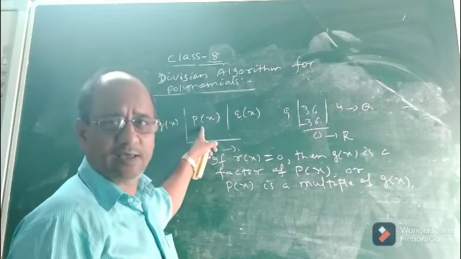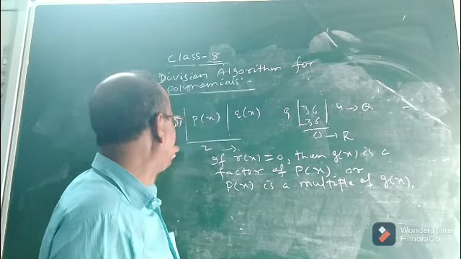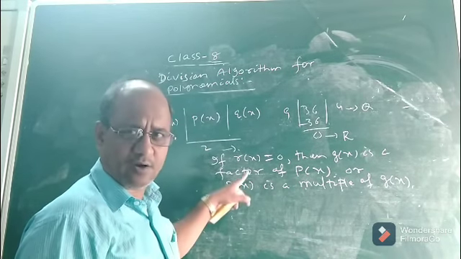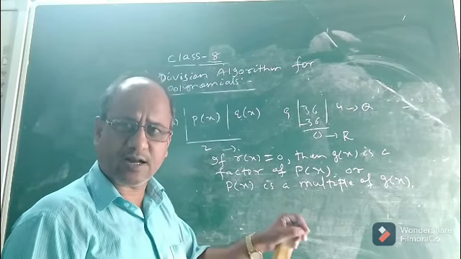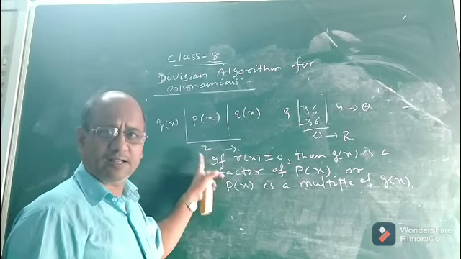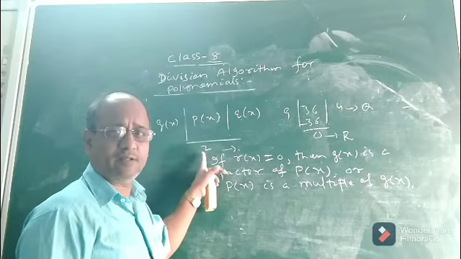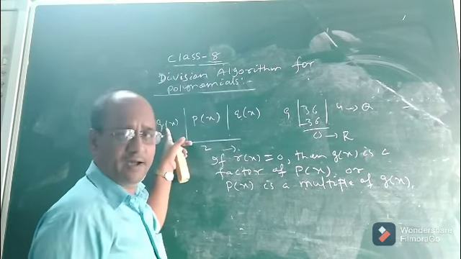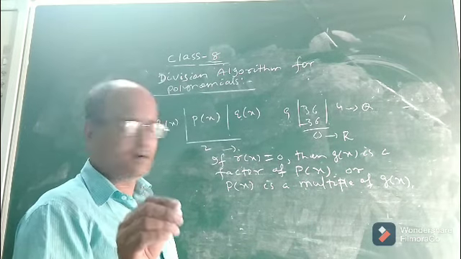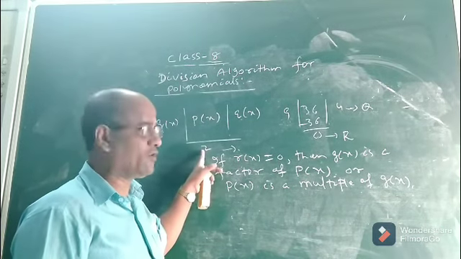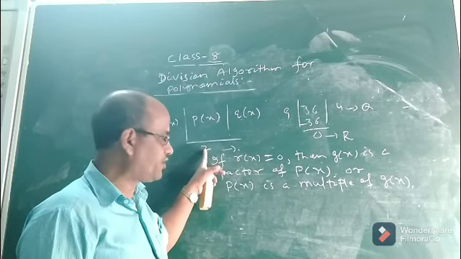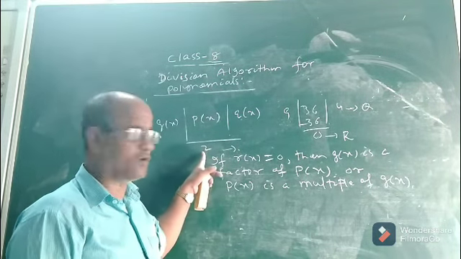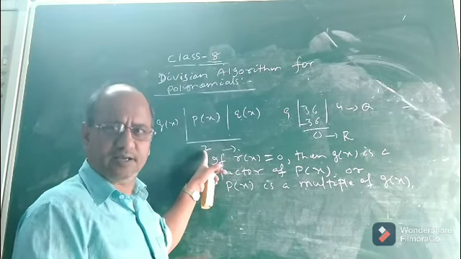That means, children, when we divide one polynomial by another, either you will get a 0 remainder or you will get a non-zero remainder, that means some constant. And if you got some constant, you will come to know that the degree of the remainder is less than the degree of the divisor. If it is a non-zero number, its degree will be 0.